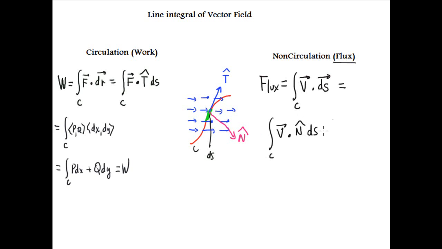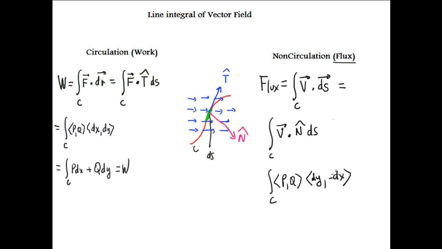And the normal unit vector times ds, we can represent like this. P, Q is the vector field, look. And this is dy comma minus dx. Where does this come from?